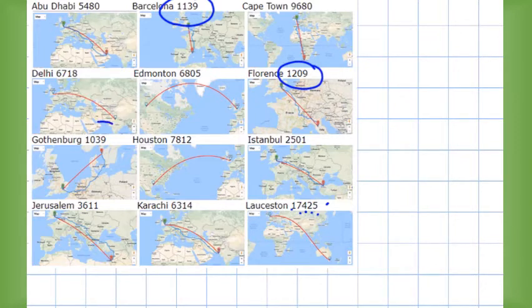I've got Gothenburg, which is 1,039. So they are the only three in the single thousand numbers. So then I look at the hundreds digits in those numbers. There's a 1 in Barcelona, 2 in Florence, and a 0 in Gothenburg. So the closest city to London is in fact Gothenburg.